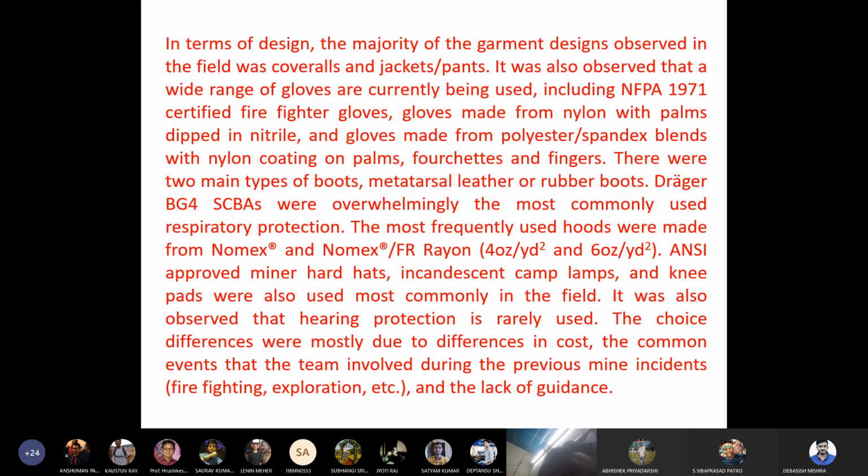It was also observed that hearing protection is rarely used. The choice differences were mostly due to differences in cost, the common events the team was involved in during previous mine incidents for firefighting and exploration, and the lack of guidance.